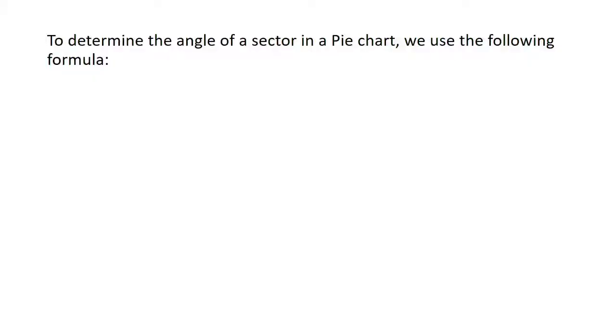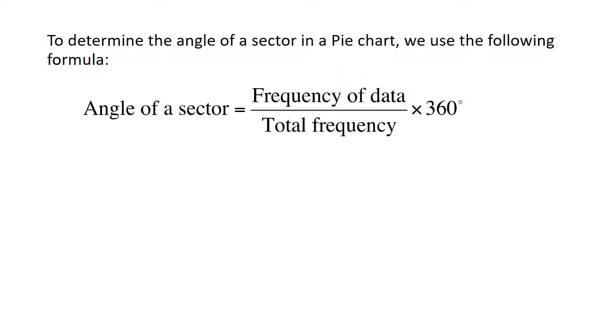Now, to determine the angle of a sector in a pie chart, the formula is very simple. Your angle of a sector is given by the frequency of a data divided by the total frequency multiplied by 360. So that is the formula. Now one can play around with this formula.